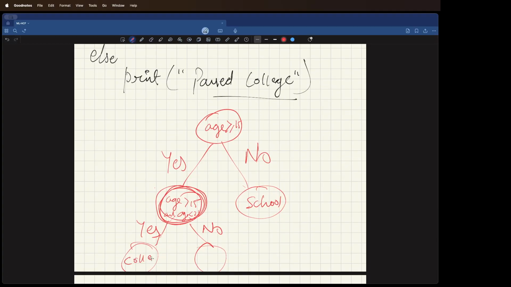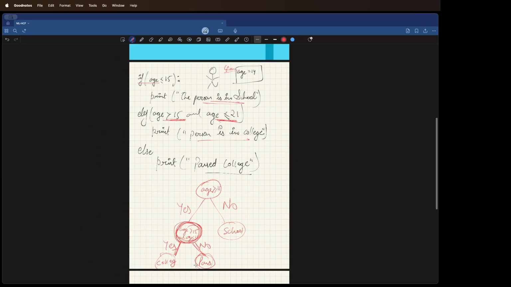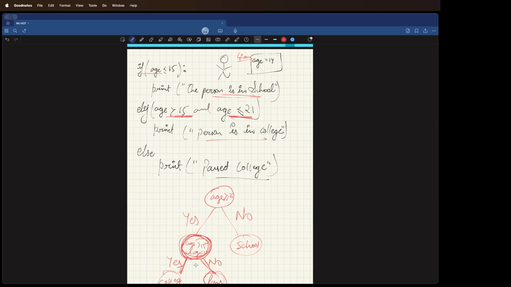Else past college. If yes, then he is in college. If no, then he passed out of college. Are you guys getting what I'm doing over here? Everybody?